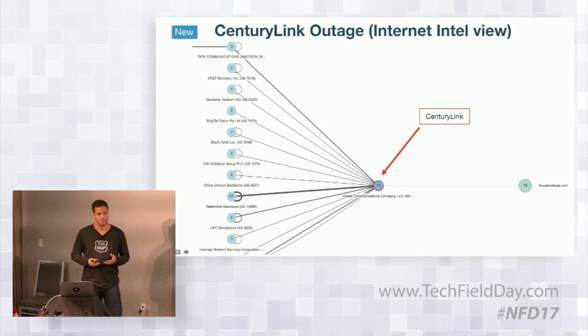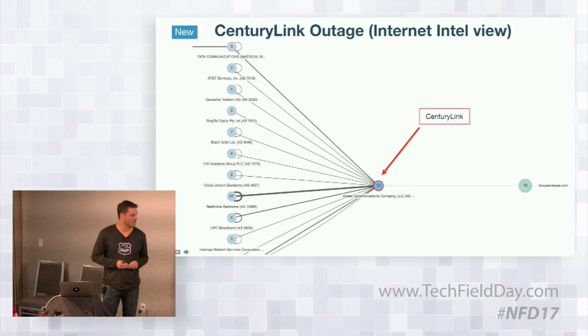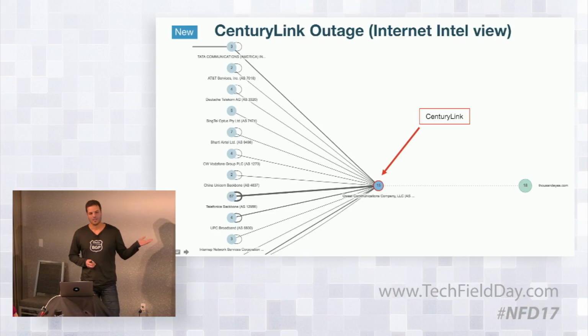So these are basically interfaces in the network grouped by the autonomous system they belong to. And this gives you an idea about what's going on around the problem area when an outage happens, right? So it gives you that context. In this case, you see CenturyLink there. There's the smoking gun, almost in red. It's very clear there's an issue there.